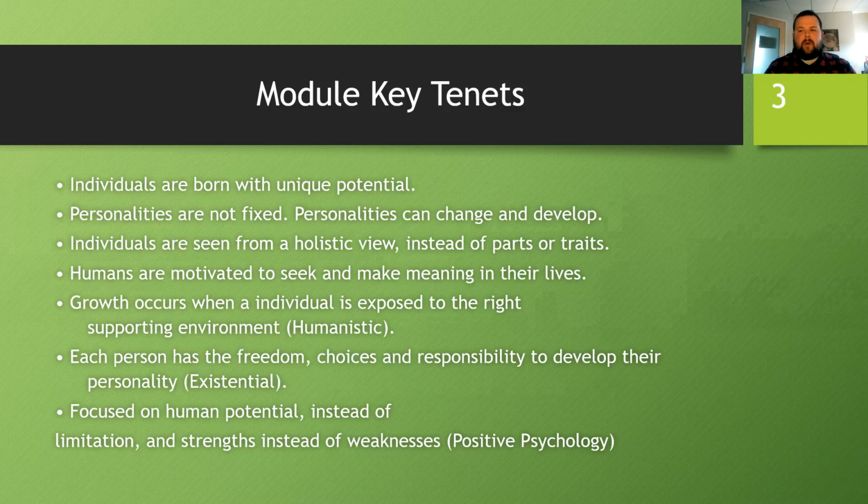We find that supportive relationships are key. Other key tenets: first, individuals are born with unique potential. We all have some sort of potential growth within us. Our personalities are not fixed, meaning they're not static, and our personalities are going to change and develop, again, with the right supportive relationships.